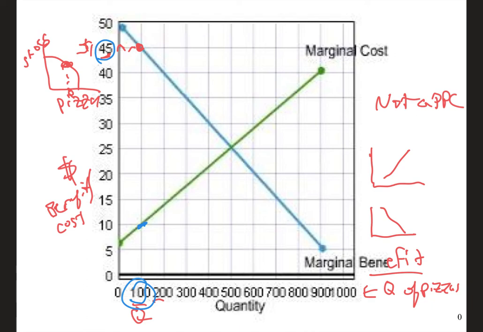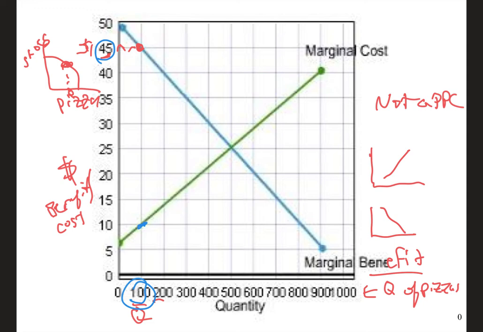If they actually go beyond that 500 and they do 501 or 600 or, let's say, 800, in this case the marginal benefit of the 800th pizza is only $10. That's what the benefit is. In this case, the marginal cost is much higher, higher than $35. If the marginal cost is greater than the marginal benefit, we are over allocating our resources.